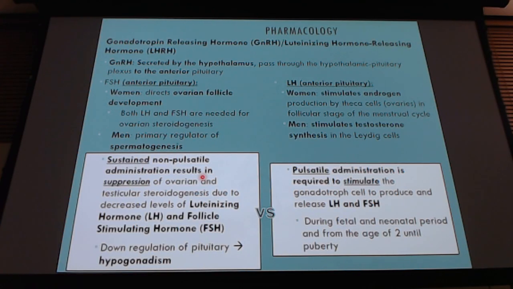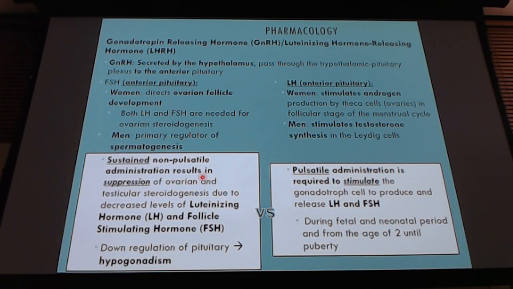Therefore, I'm going to have lower levels of my LH and my FSH if I'm giving it in a way that is sustained. Sustained meaning I'm not giving it in a pulsatile manner, so that's why you see sustained non-pulsatile administration. I will see suppression.